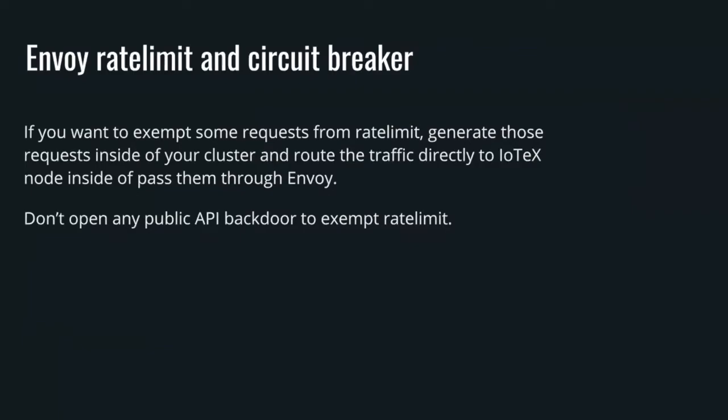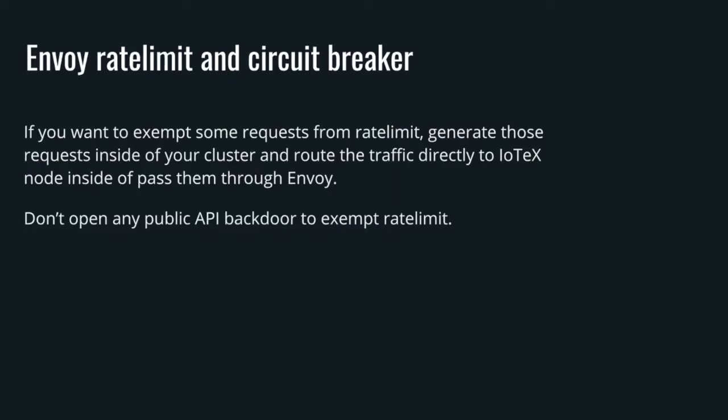In some cases, you may want to examine some of the requests from rate limit. Please generate that request inside of your cluster, so you route the traffic directly to the node to bypass the Envoy. You don't want to expose any public API backdoors to examine rate limit.